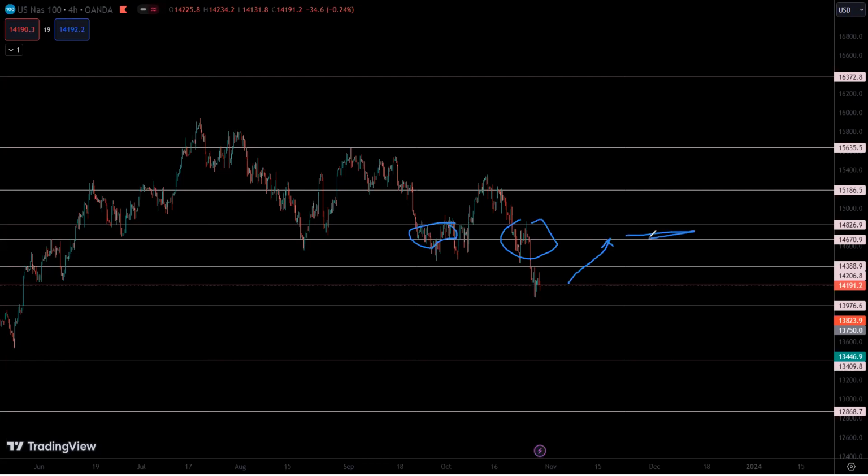I'm going to have my sell limit here, and then I'm going to have my stop loss right above, to prove that I'm wrong, maybe passing the structure, to make sure that I'm wrong. So this is where I would initiate my pending sell limit order.